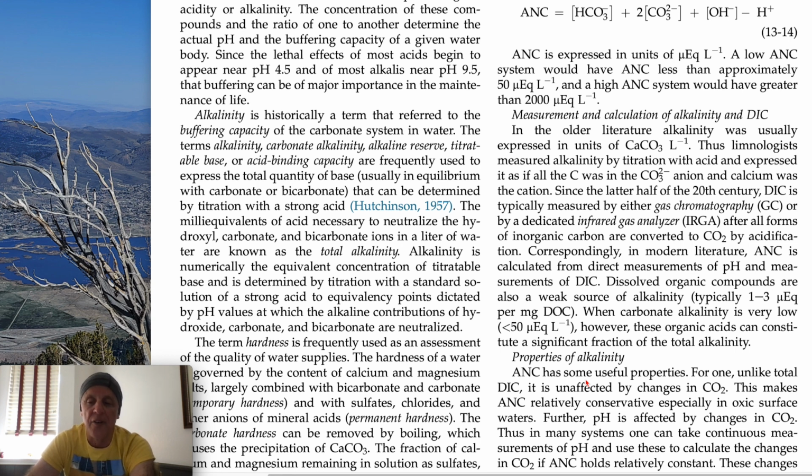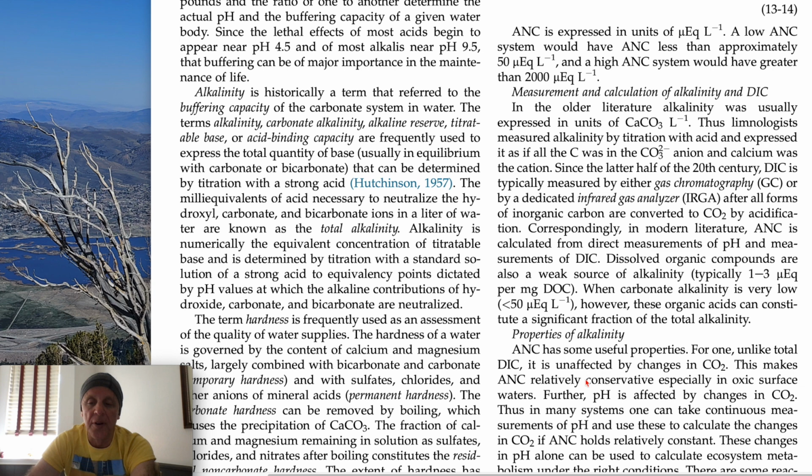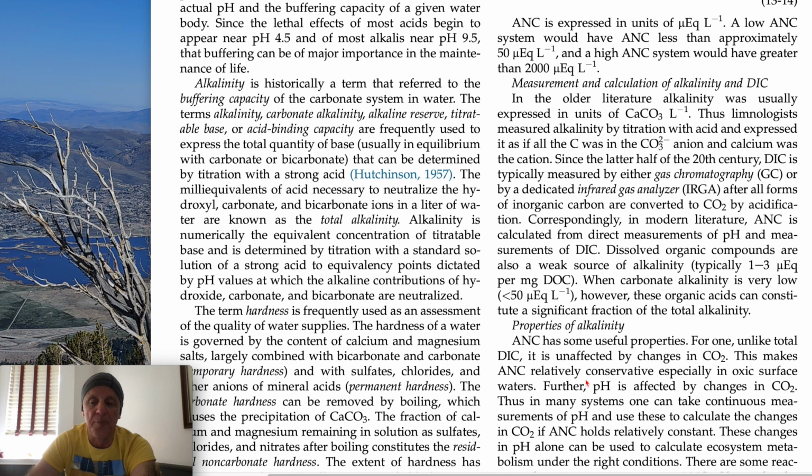Since the latter half of the 20th century, DIC is typically measured by either gas chromatography, or GC, or by a dedicated infrared gas analyzer, IRGA, after all forms of inorganic carbon are converted to CO2 by acidification. Correspondingly, in modern literature, ANC is calculated from direct measurements of pH and measurements of DIC.